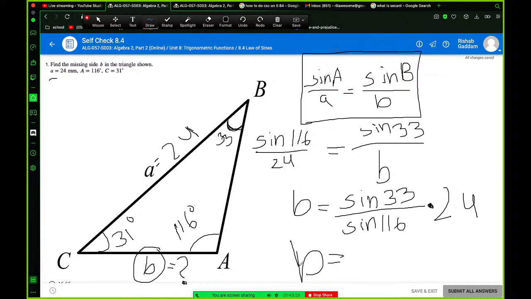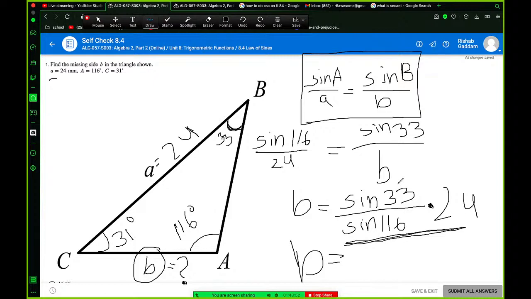And then 2.1433 or something. Oh wait, no, I'm doing something wrong.